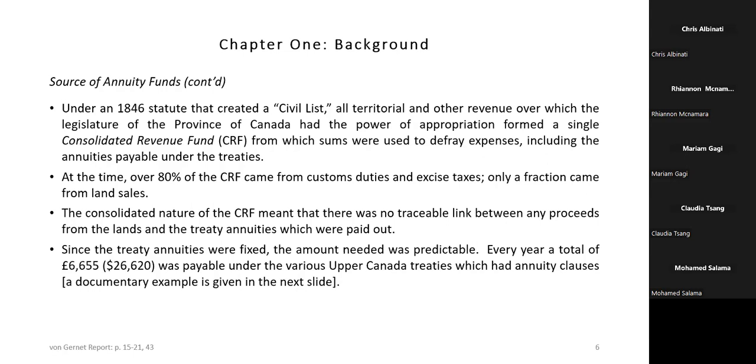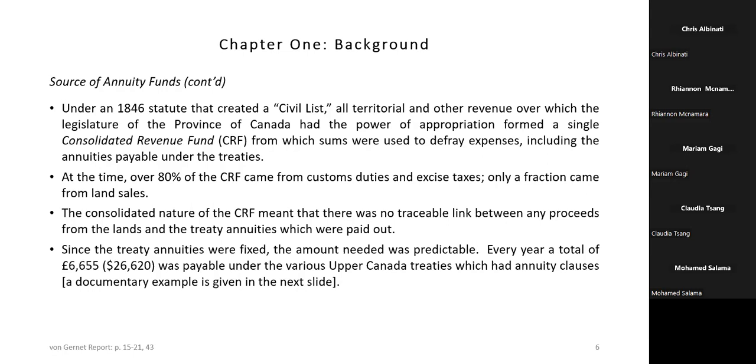That is the total amount of the Crown commitment and obligation under all the pre-1850 treaties combined: $26,620. As a capitalized figure? No, as an annual figure. Every single year, that amount had to be appropriated from the CRF.